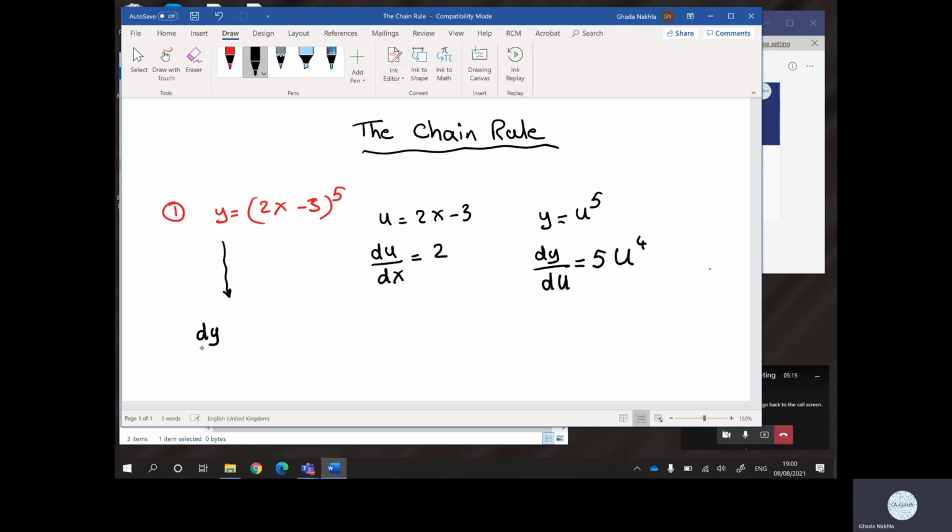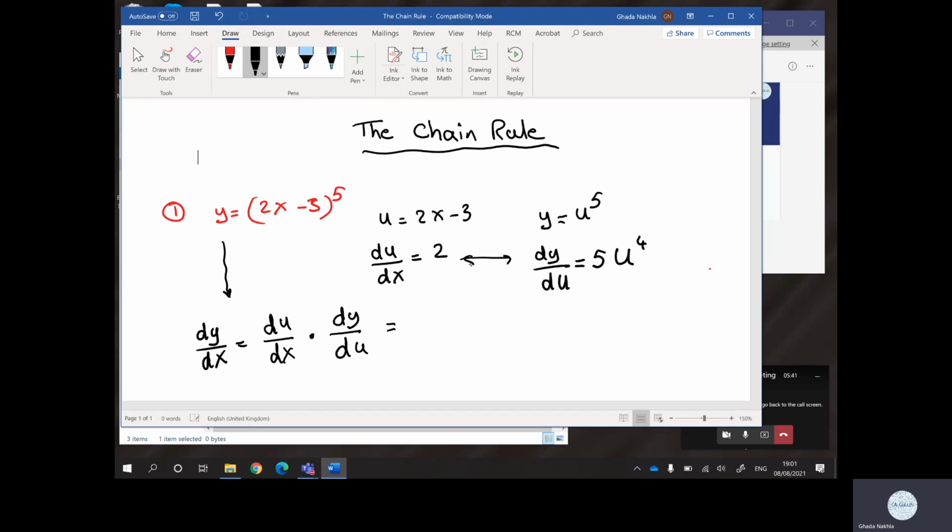dy by dx is equal to du by dx multiplied by dy by du. Which means it's this line over here.